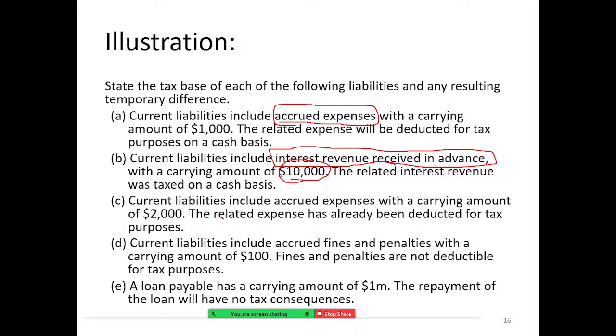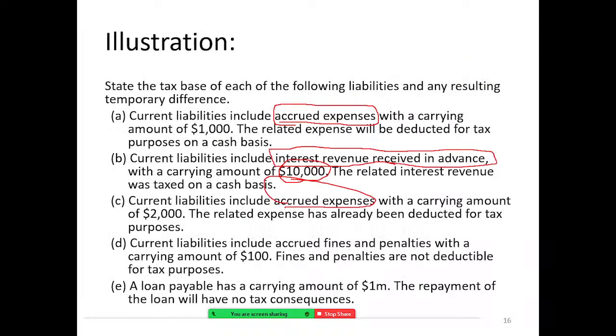The current liabilities include accrued expenses. Accrued expenses mean what? Interest payable. Current liabilities include accrued expense with a carrying amount of 2,000. The related expense has already been deducted for tax purposes.